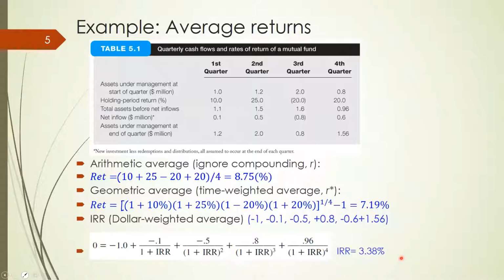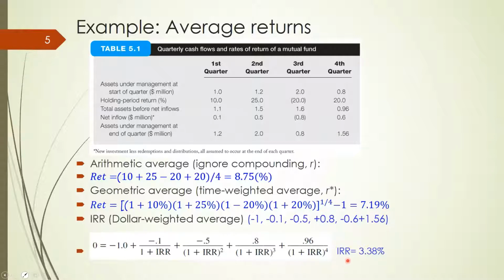3.38%. Note that 7.19% means that every dollar that's invested at the beginning of the period and held throughout the 4 quarters is earning 7.19%.